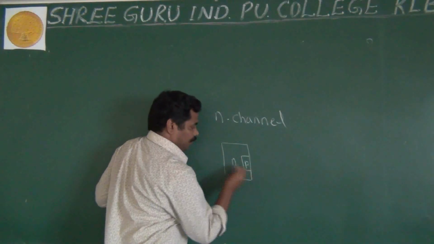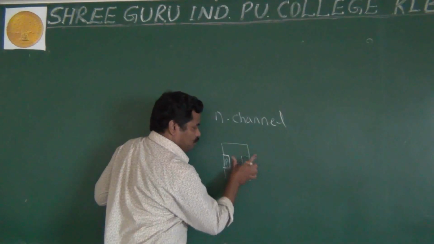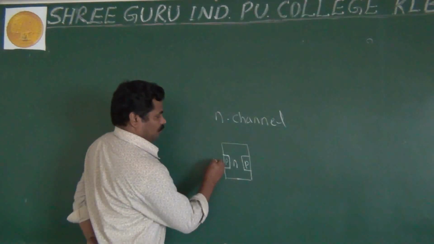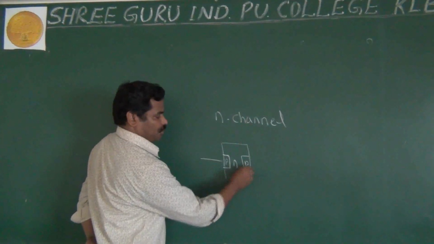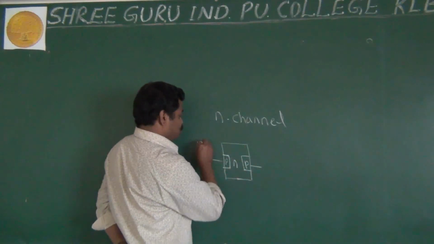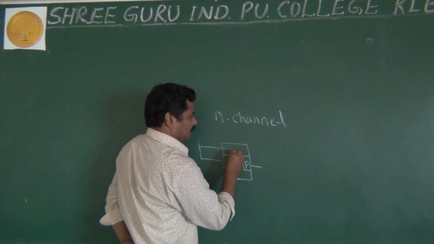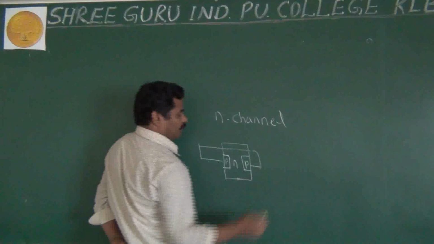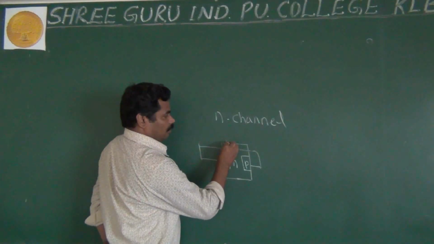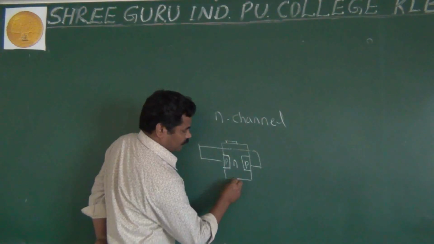This is nothing but P-type, and this is also nothing but P-type. These two P-type semiconductors are internally connected. To make ohmic contacts, we apply a copper or aluminum metal here.